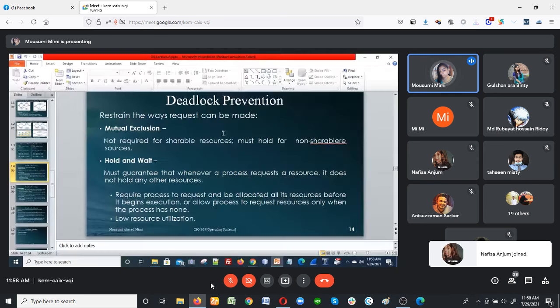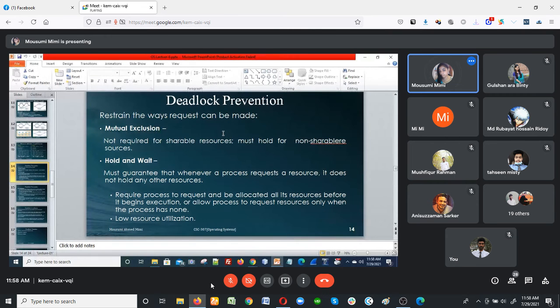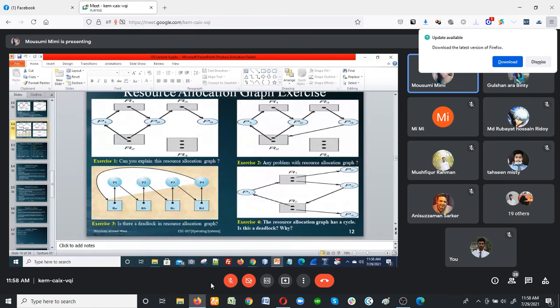Say, for example, in the last diagram of the previous slide, each process holds a resource and each process needs a resource which is held by another process.